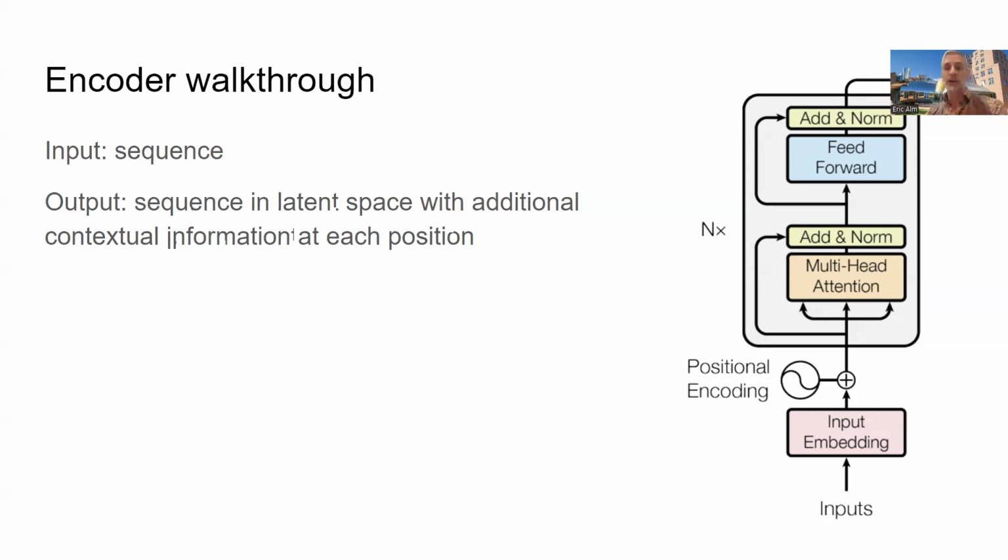From that input embedding, we're going to add something called a positional encoding. It's super confusing. I don't want you guys to spend too much time on it because I think now there are better ways to do positional encoding.